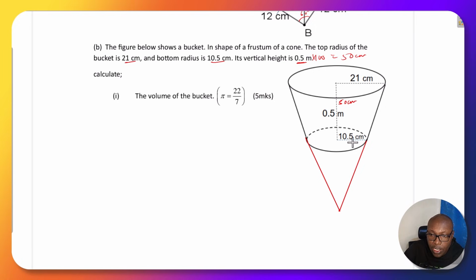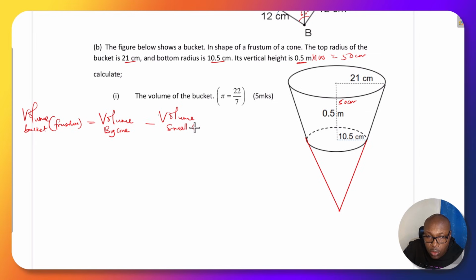So in order to get the volume of the bucket, it will be given by the volume of the big cone, then subtract the volume of the small cone.